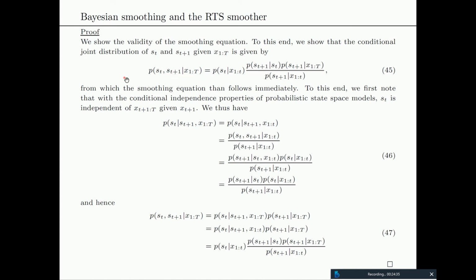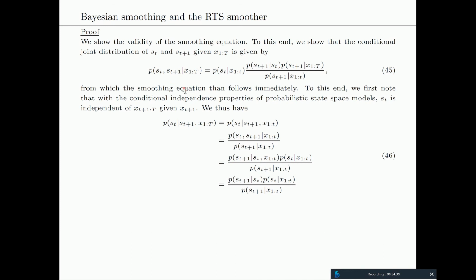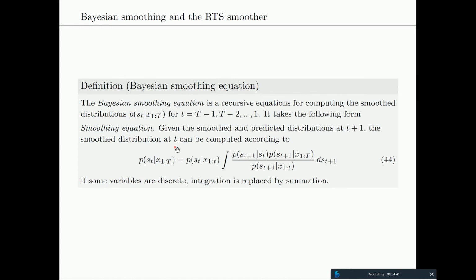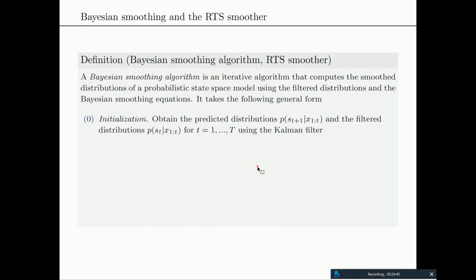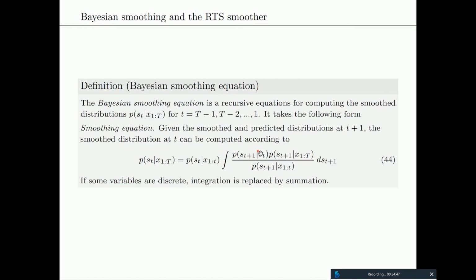If you now integrate out s_{t+1}, which is done in the smoothing equation, then you get s_t given x_1 to big T. The important thing is that you need the smooth distribution at one later time point in there. Yeah?